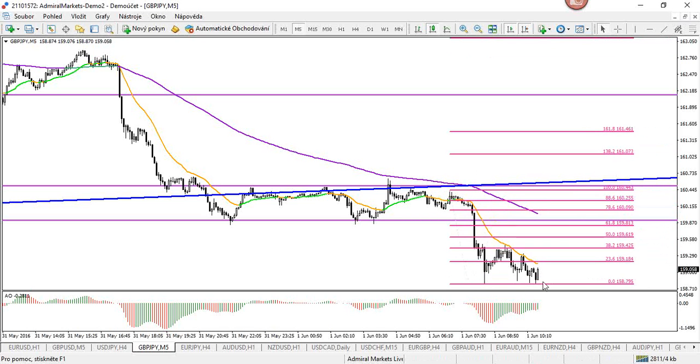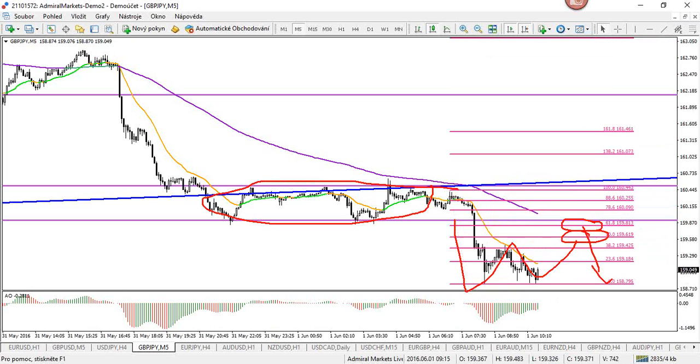I would like to see maybe another move up here to the 38 or 50 fib, to get a bit of relief, a bit of a 5-minute pattern. This is a 15-minute pattern that was broken, so I'd like to see a 5-minute pattern and a turn perhaps at some of these fibs here.